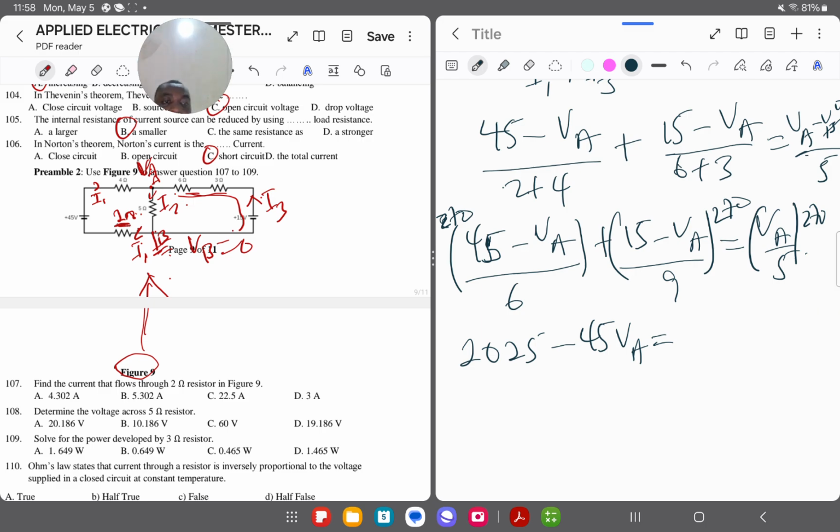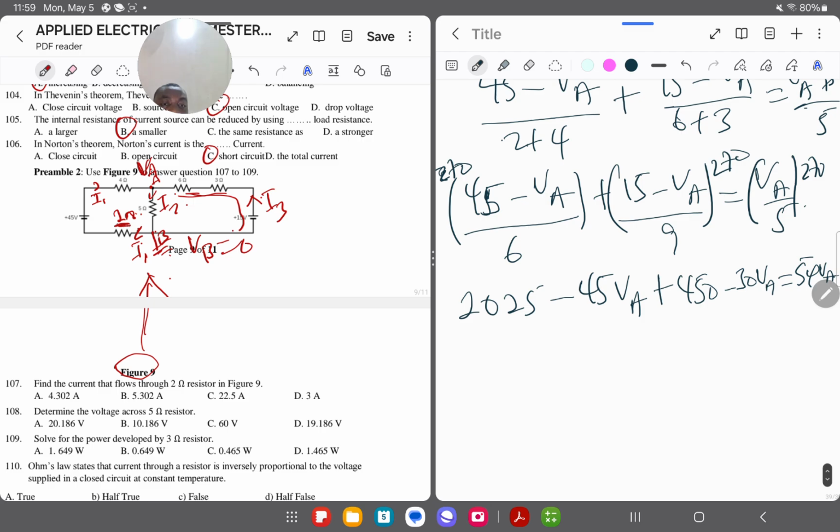That will be 30. So 30 times 15 is going to be 450, then 30 VA. And here is just what? 270 divided by 5. And 54. So you get 54 VA.